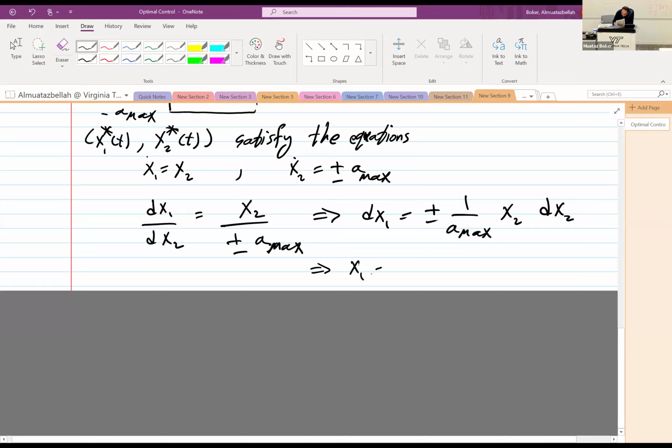So then you have x1 is equal to plus or minus 1 over 2A max x2 squared plus C3, that constant. Okay, this is the equation that you will get.